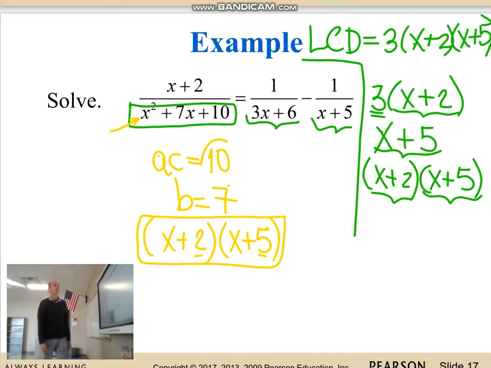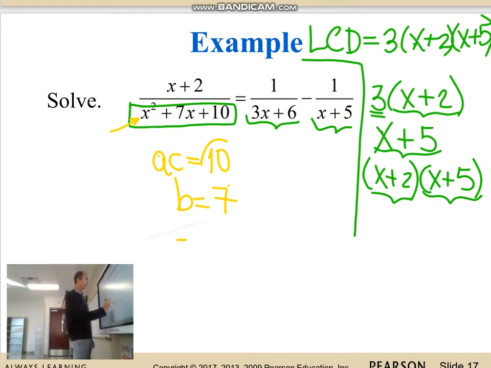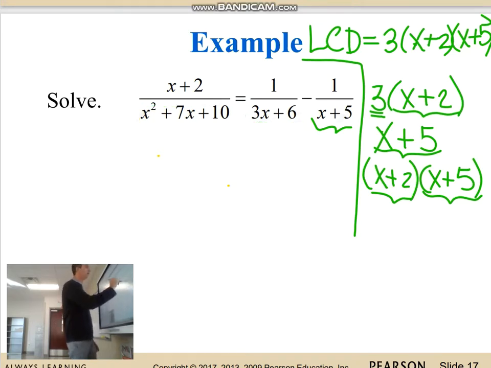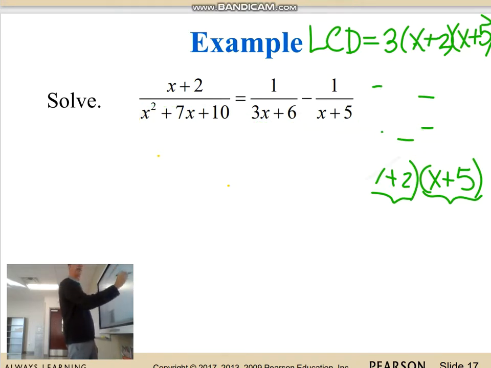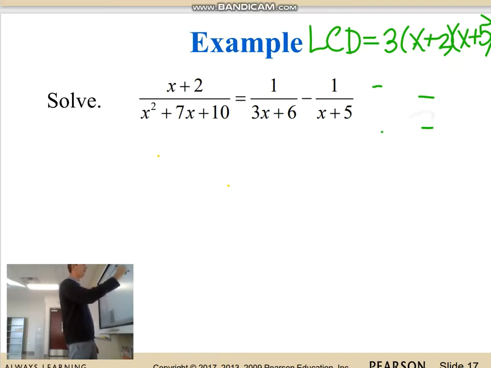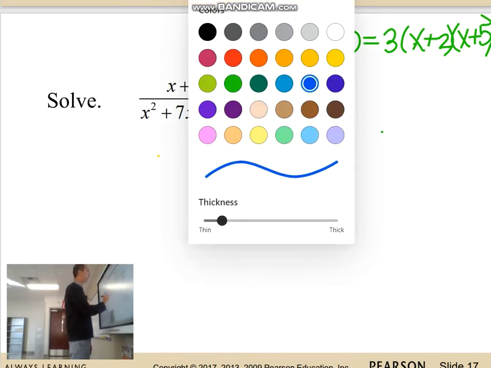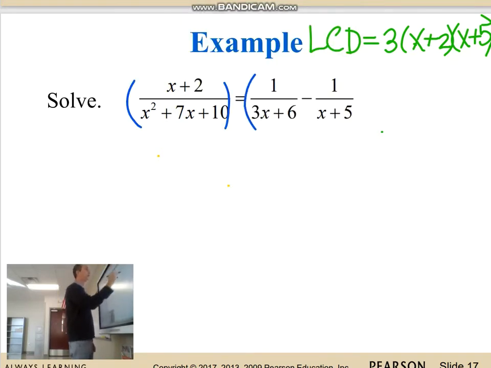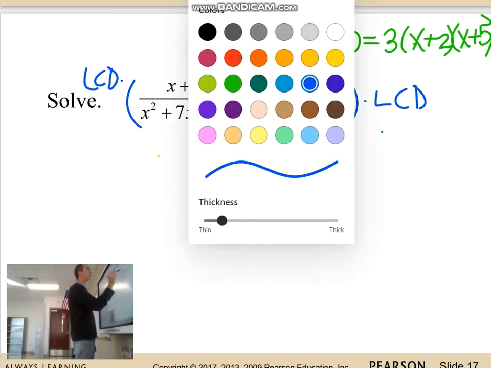Okay, this is the least common denominator. Let me clean this, because now we will multiply both sides of the equation using this least common denominator that we just found. Don't forget to apply the distributive property.